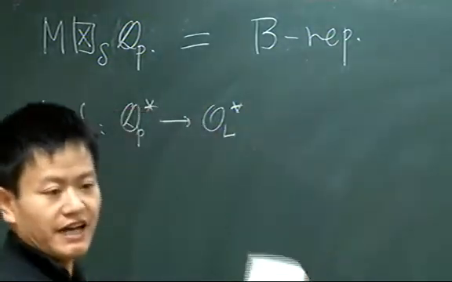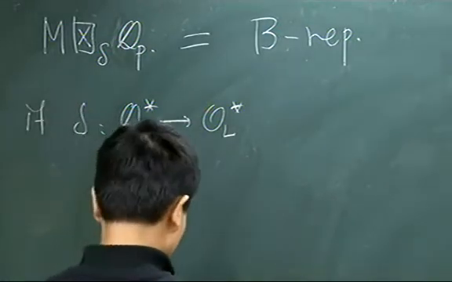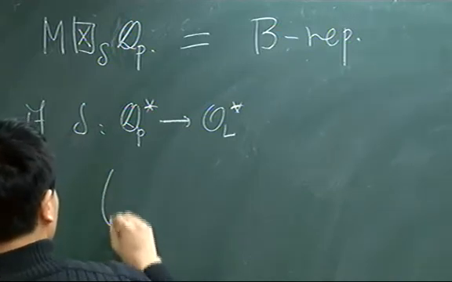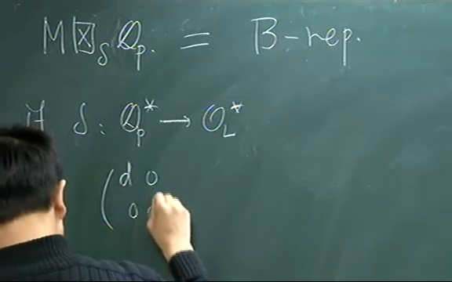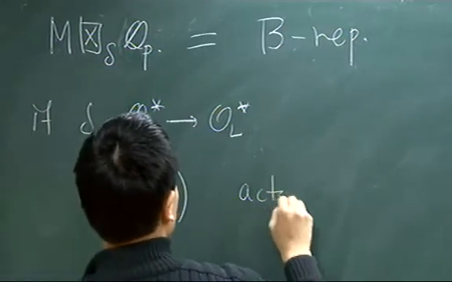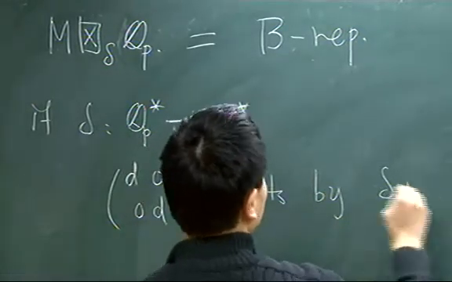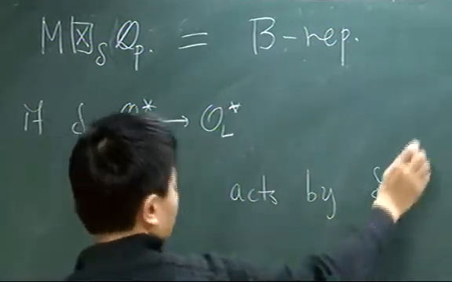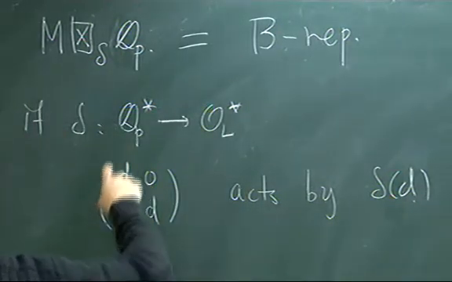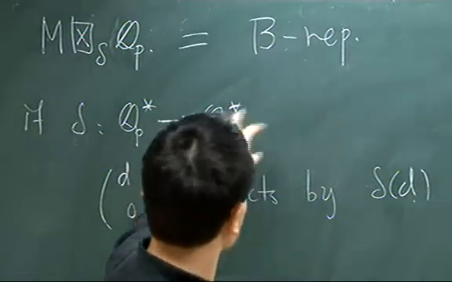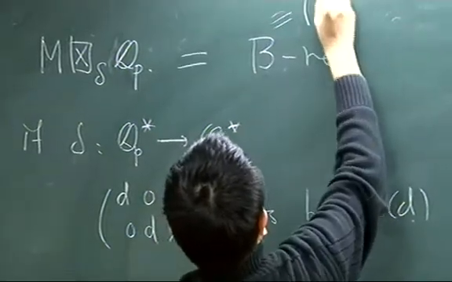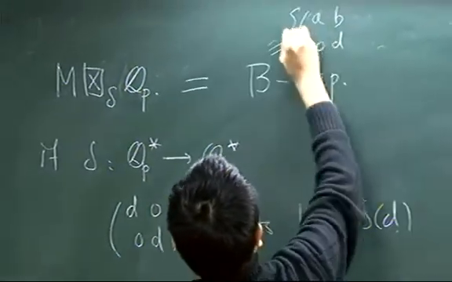But then what about the diagonal element? For the diagonal element, if you have (d 0; 0 d) here, you just act by delta of d. Then you get, because this B, (a b; 0 d), is Borel.